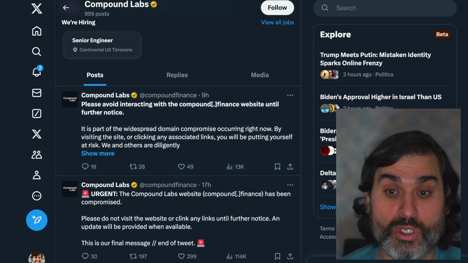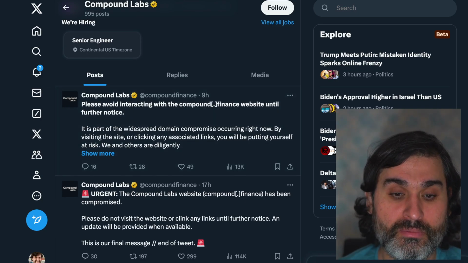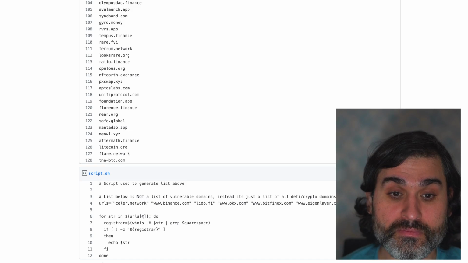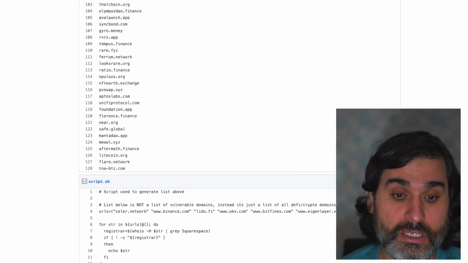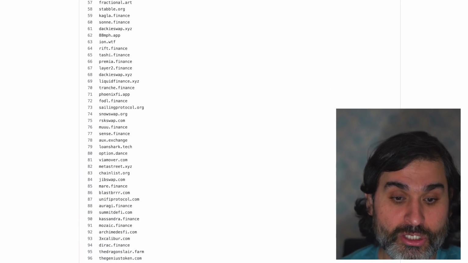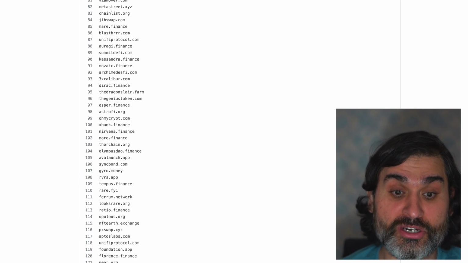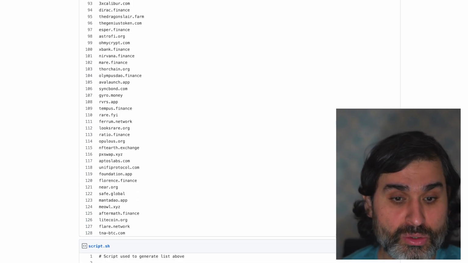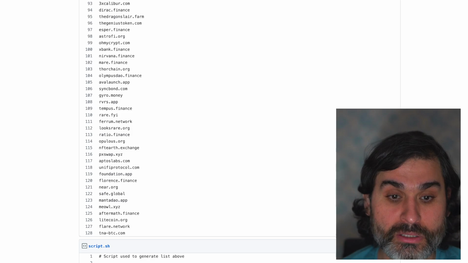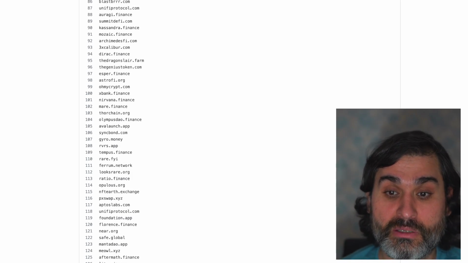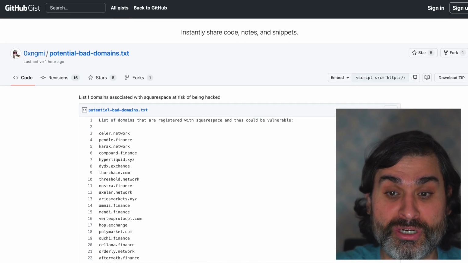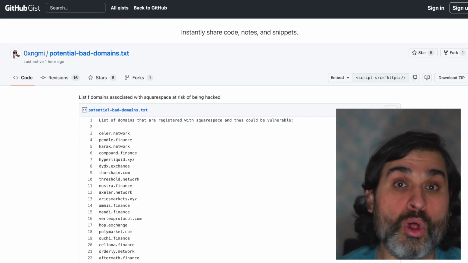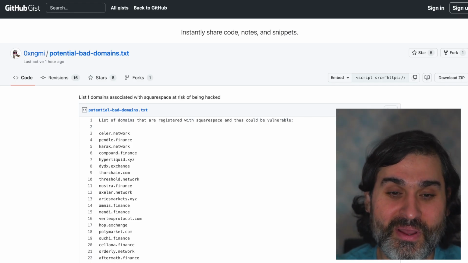But please go and check this list that is linked in 0x Not Gonna Make It's GitHub. There's 128 front ends that could be on there, and this includes really popular stuff like LuxRare as well. So definitely be hyper aware of the front ends you're interacting with, always.